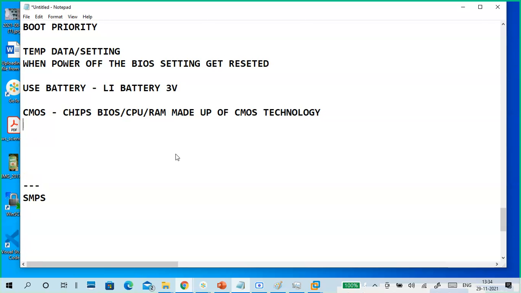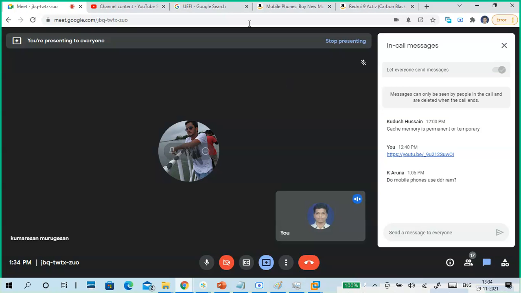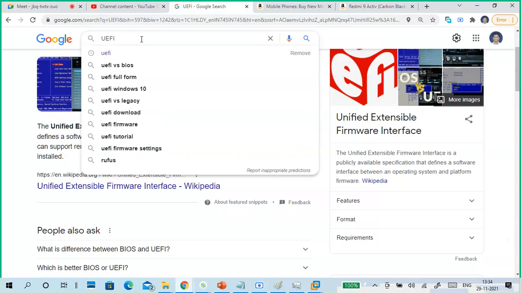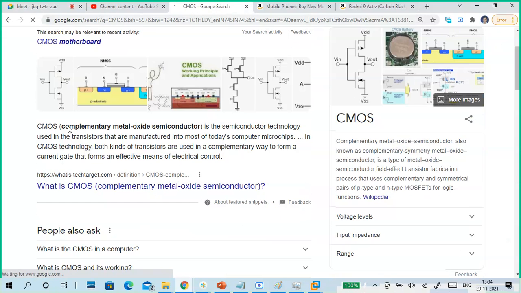Okay, CMOS technology only. So what is this CMOS? Complementary metal oxide semiconductor. It is a semiconductor.